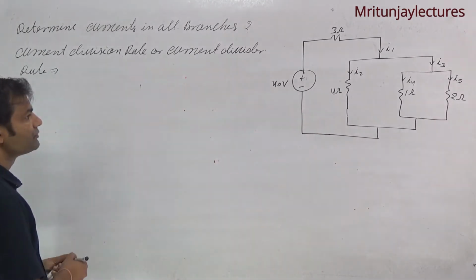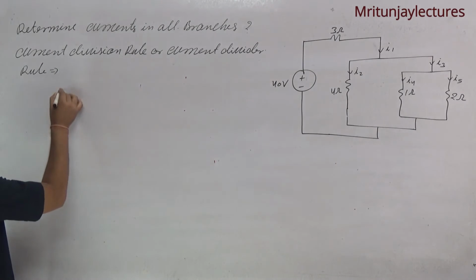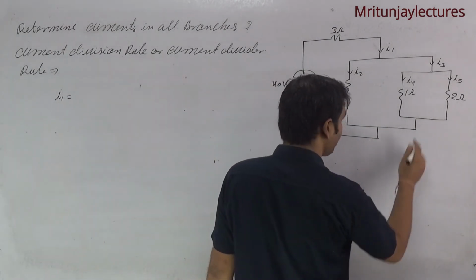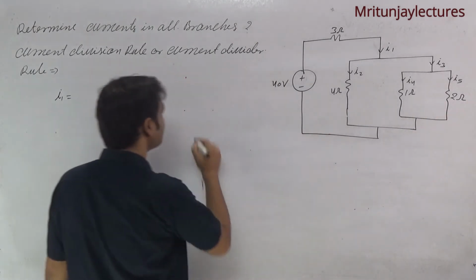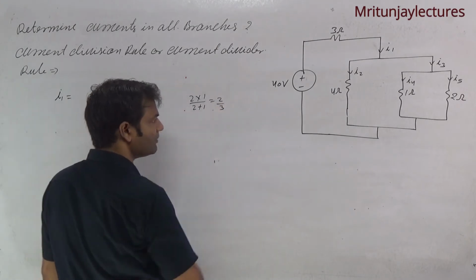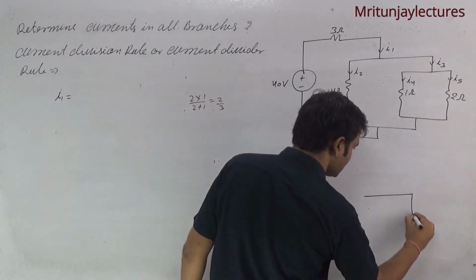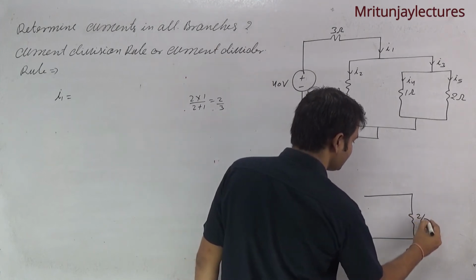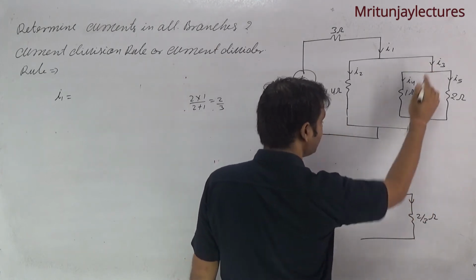Okay, so I1 is written as, if any doubt go to the basics, one by one: these two are parallel, so 2 into 1 divided by 2 plus 1, so 2 divided by 3. It means we redraw. If you redraw correspondingly, this one is 2 by 3 ohm, and this one is I3.